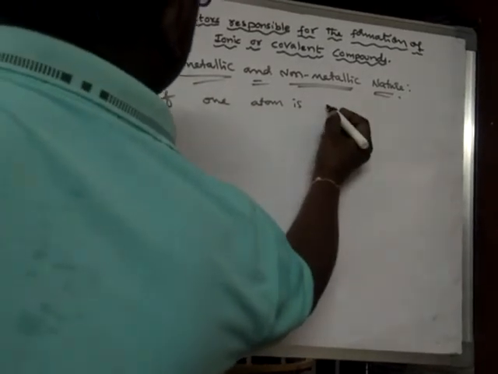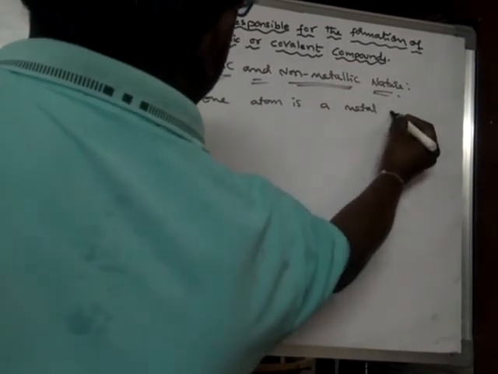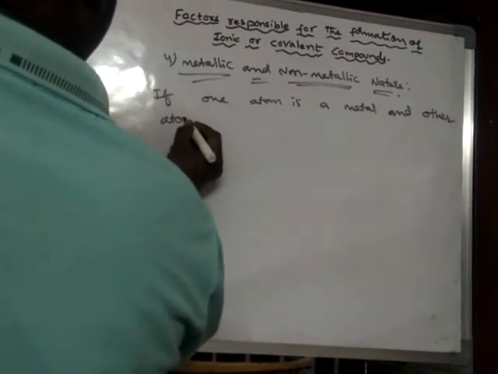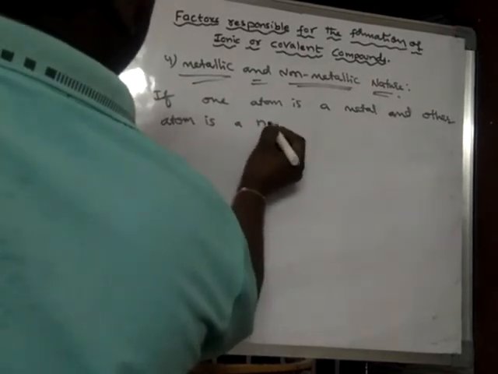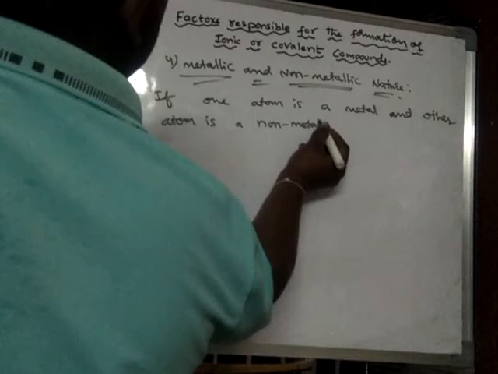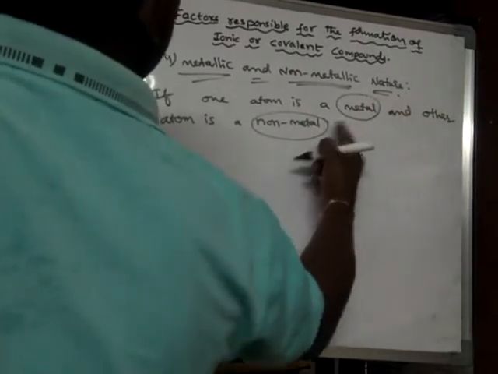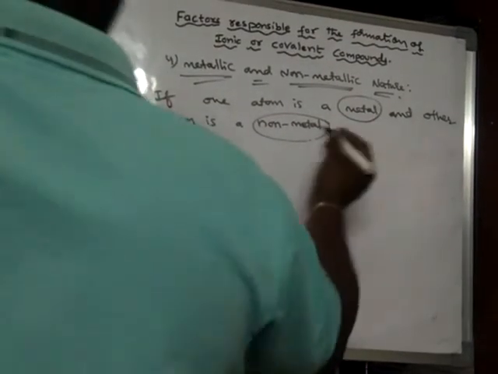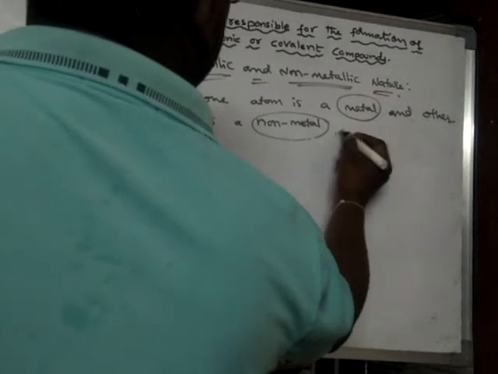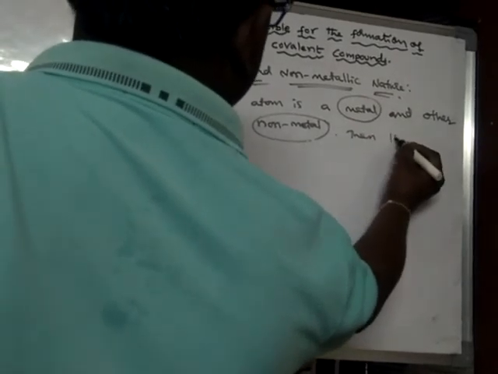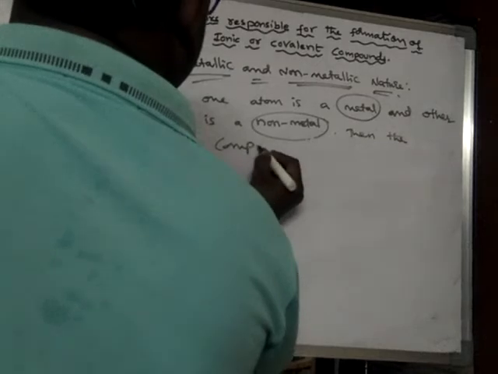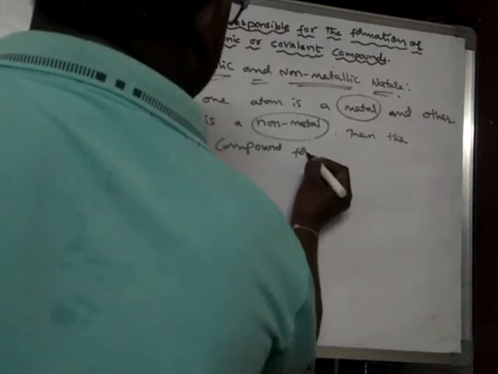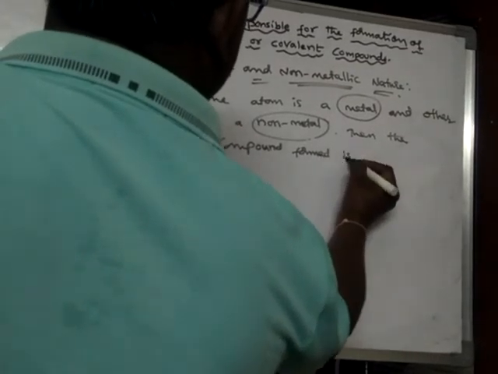If one atom is a metal and another atom is a non-metal, okay, then the compound formed between these two atoms is ionic in nature, ionic compound.